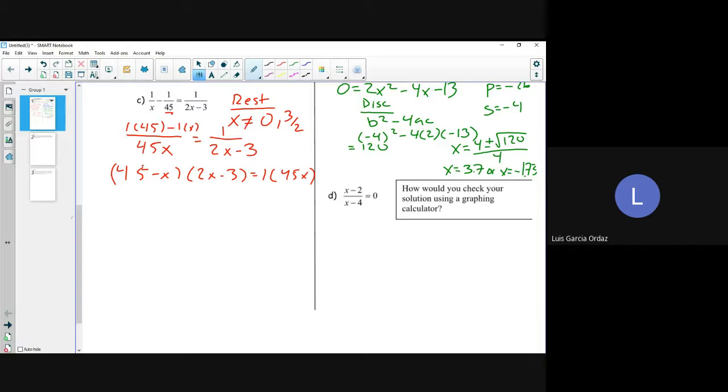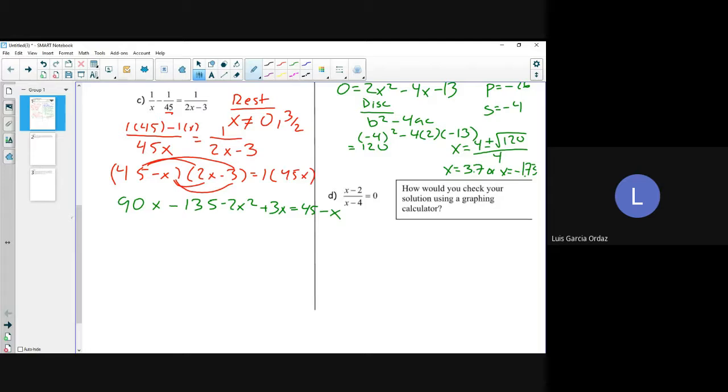So now we're going to FOIL our expression. You get 90x minus 135 minus 2x squared plus 3x is equal to 45 minus x.